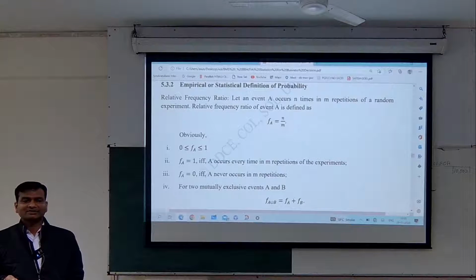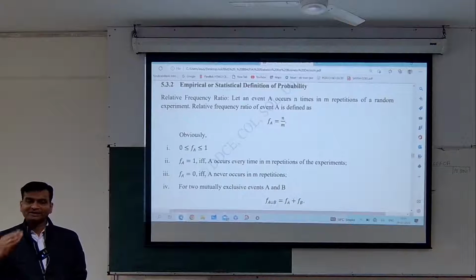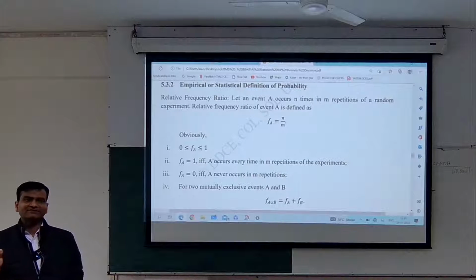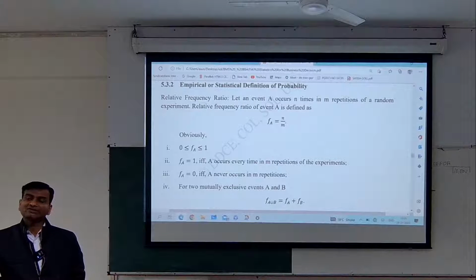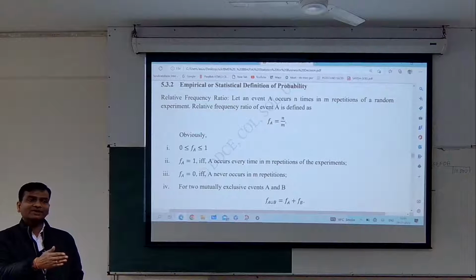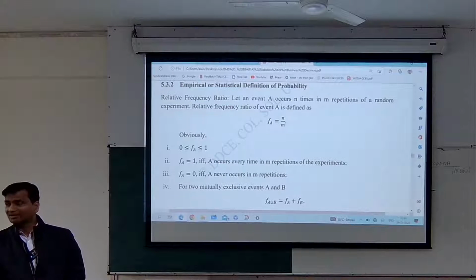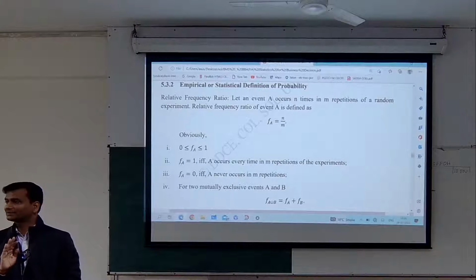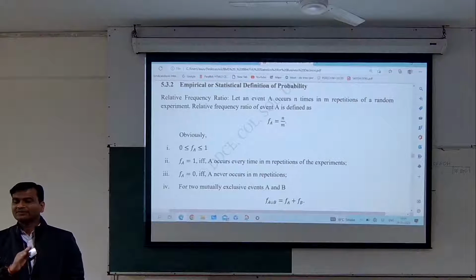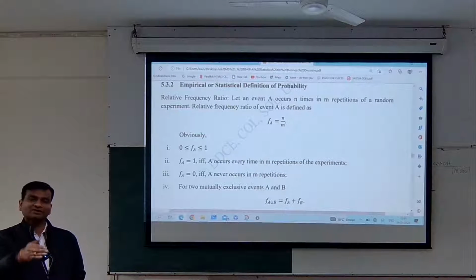Okay, suppose you always cross the red lights, and in a total of 365 days in a year, suppose you were challaned only 2 times, so you can find the probability of being challaned if you cross the red light always. Okay, it is not necessary that you would always get caught.